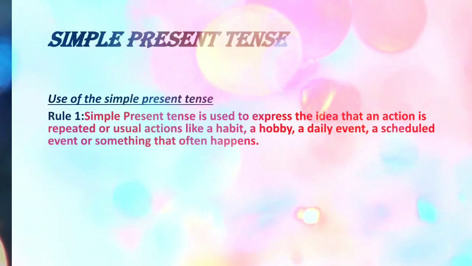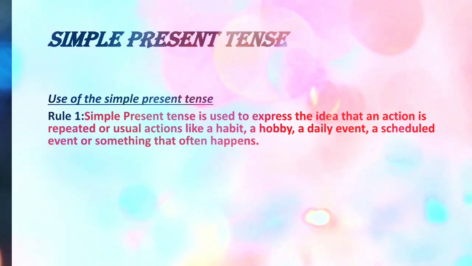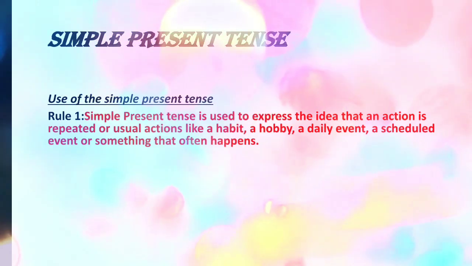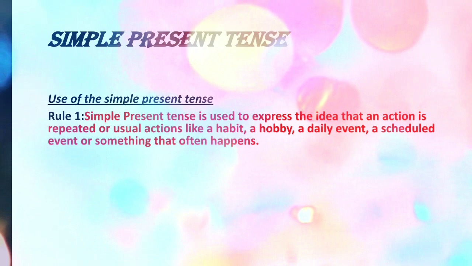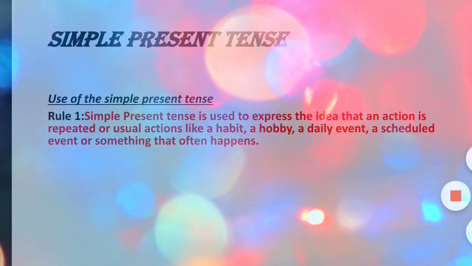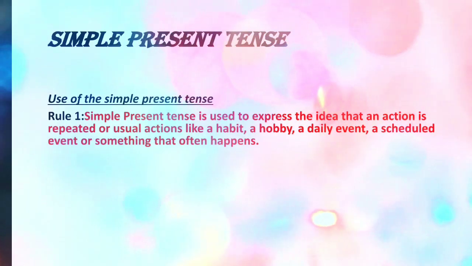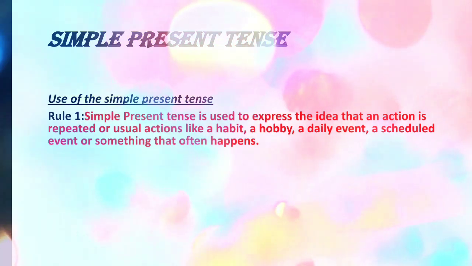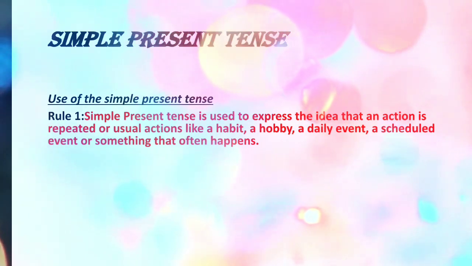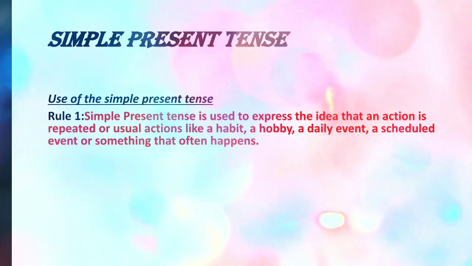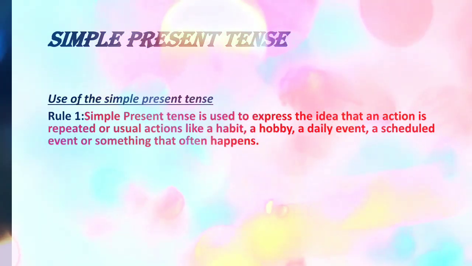This tense is used to express that an action is repeated or usual, like your hobby, your habit, daily event or scheduled event. Something that happens frequently, again and again at repeating times, is also used in the simple present tense.